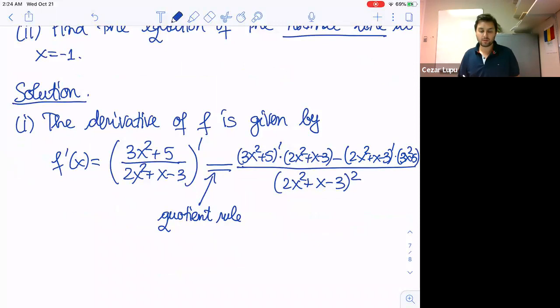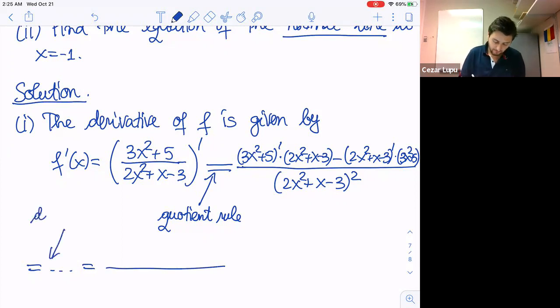All right, so this is the quotient rule. After some computations, I'll leave this to you as an exercise. You know how they say the devil is in the details, so it will be very good if you actually verify these details. So this is an exercise for you.